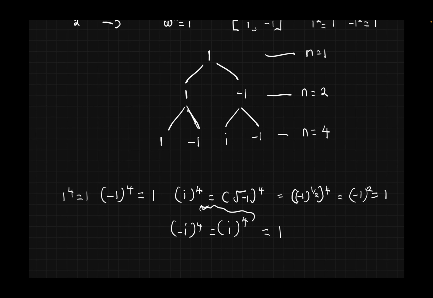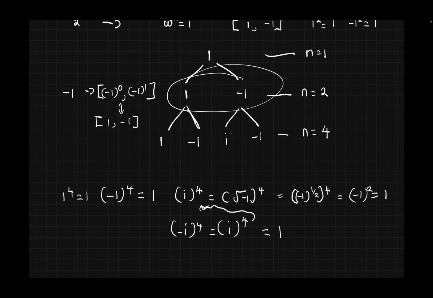Okay? So in this case, I think the generator is minus 1. The way you generate everything is that you take the generator and raise it to the power of 0, then to the power of 1 for 2, right? It's 0 indexed. So to generate the entire set, it will be minus 1 raised to the power of 0 and minus 1 raised to the power of 1. What would this give you? 1 and minus 1, which is what we have here. But we got it from just one value. That's the generator of the roots of unity.